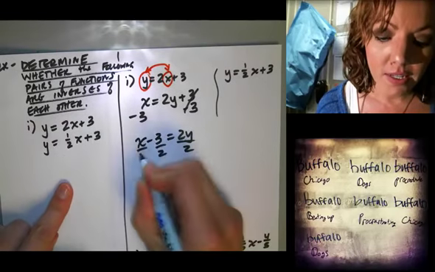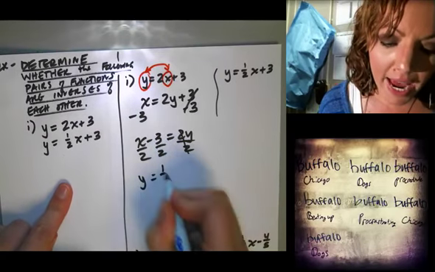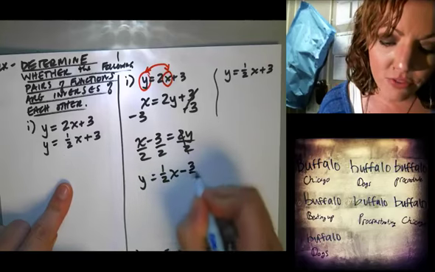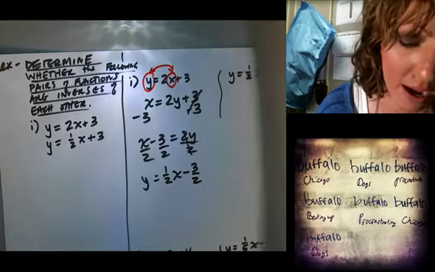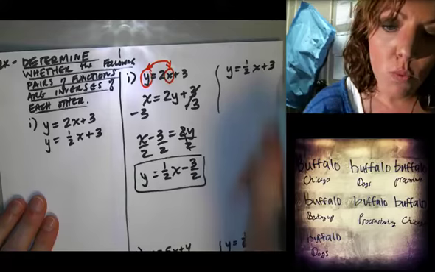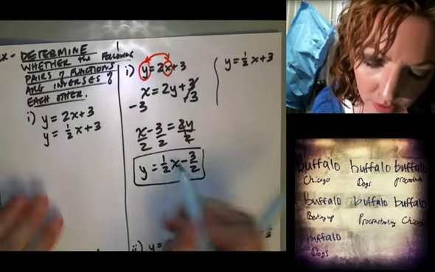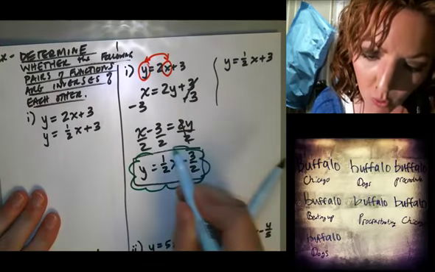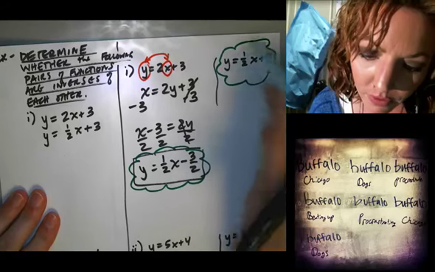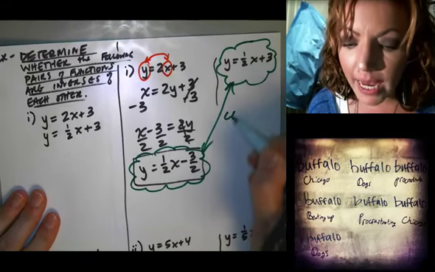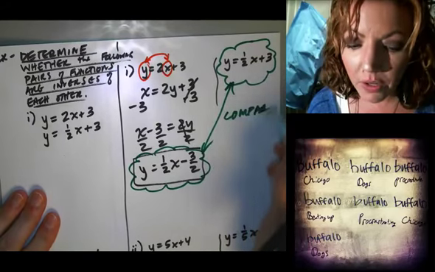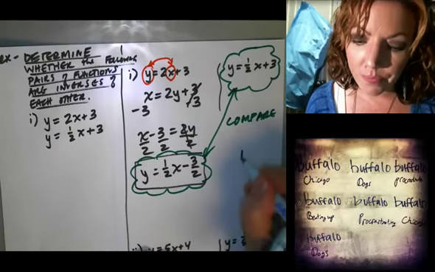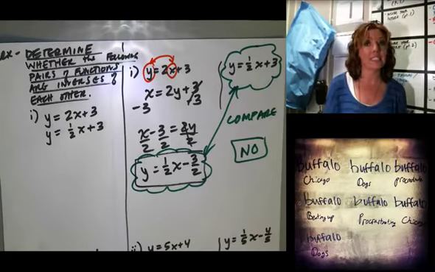So we get y equals 1/2 x minus 3/2. Now that we have this, we want to compare this to the other one that we were given. Are they the same? No. So are they inverses of each other? No. All right, questions? Pretty easy?